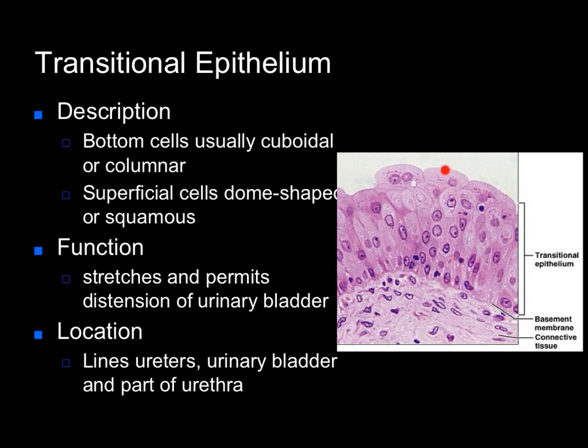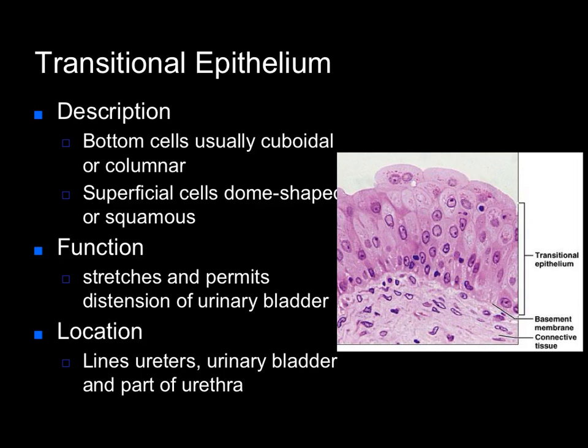At the top, they're more squished, so they're going to look more squamous. What happens is the cells contract and then expand back to their normal shapes. So here, these cells are actually contracted up here. These cells are non-contracted.